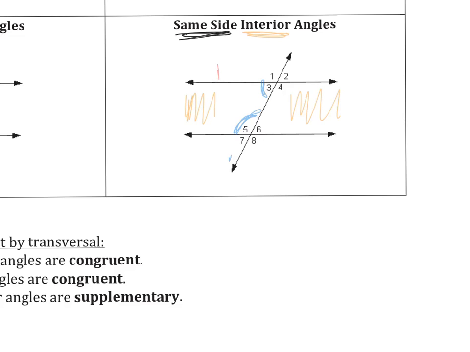And another example that I have would be 4 with 6. Those are what we call same side interior. So they're on the inside of the parallel lines and on the same side of the transversal.